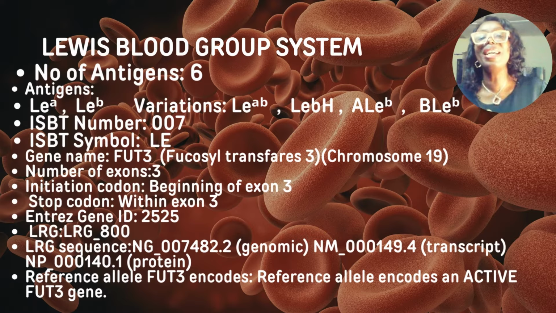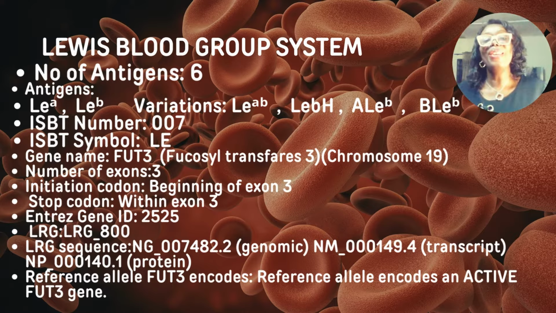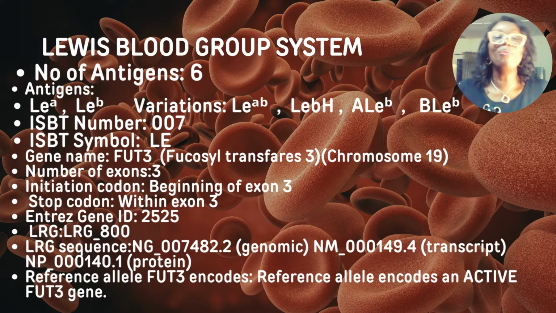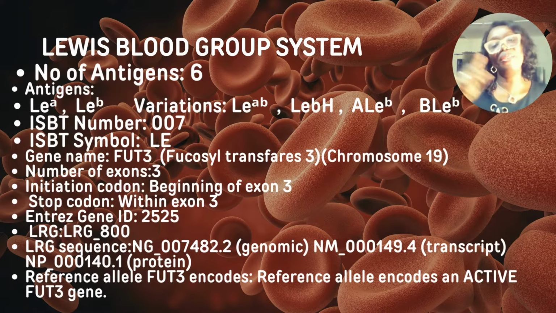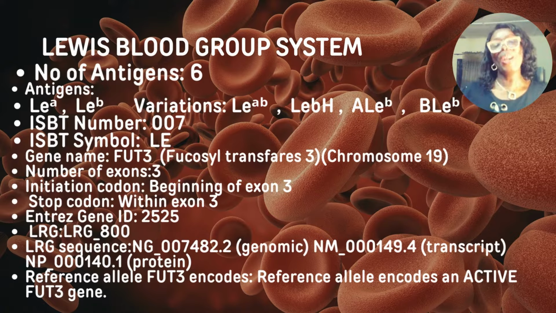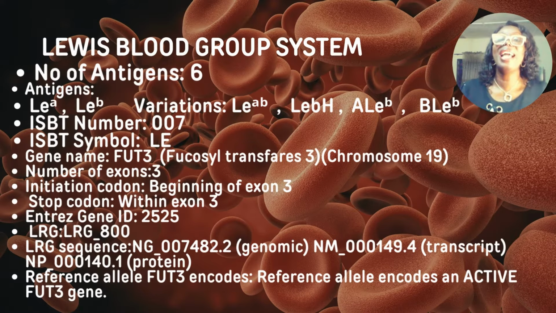These variations are the LEAB, the LEBH, the ALEB, and the BLEB. When you hear this, A refers to the A antigen, while the B refers to the B antigen in the ABO blood group system. We are going to look at it more when we are discussing the biosynthesis. Of course, you know that H has to do with the H blood group system, the H antigen.